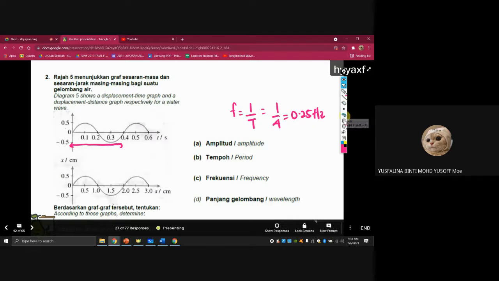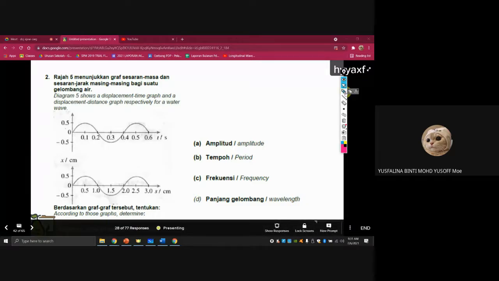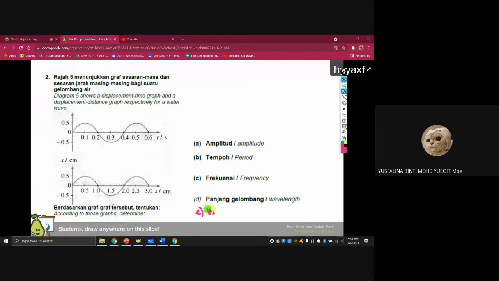Here it asks you to find the amplitude, period, frequency, and wavelength. And I add another one. There is a wave speed here. So for E, you have to find wave speed.